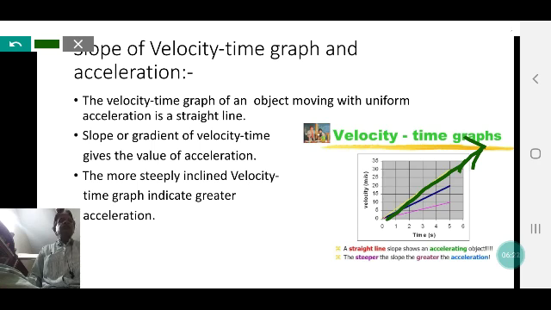The acceleration of the object is the same everywhere. The velocity time graph being a straight line indicates that the object is moving with uniform acceleration. First point is that.